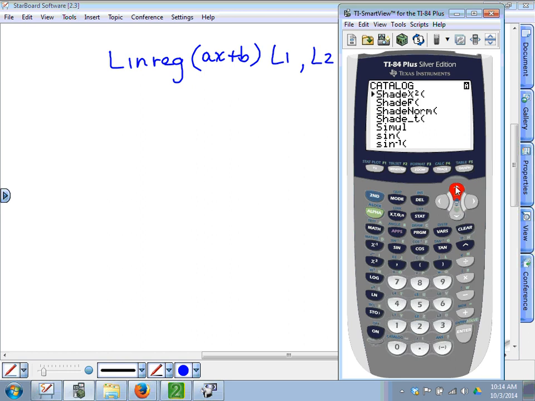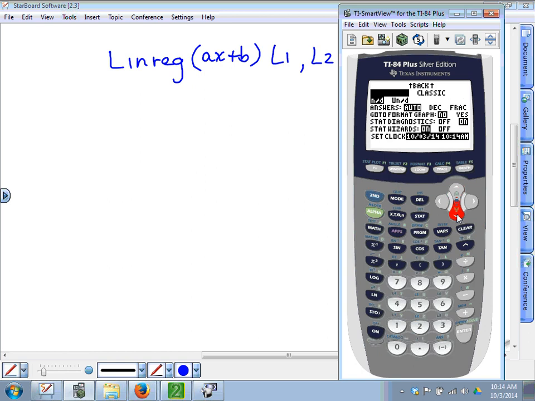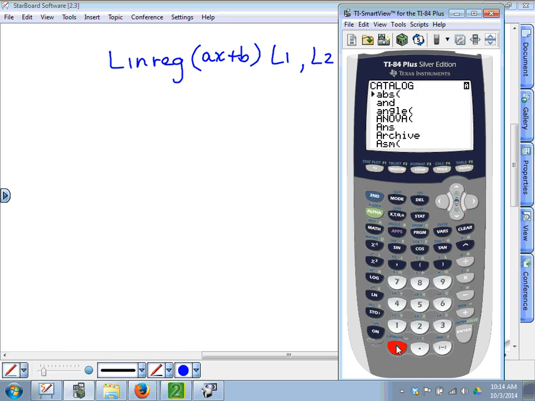Do me a favor, everybody that's got a TI-84 or 83 or an 82, hit mode and then scroll down to the second page. If you have that stat diagnostics, you can just turn it on straight from there. You don't have a second page? What do you guys have, 83? Do you have the catalog?